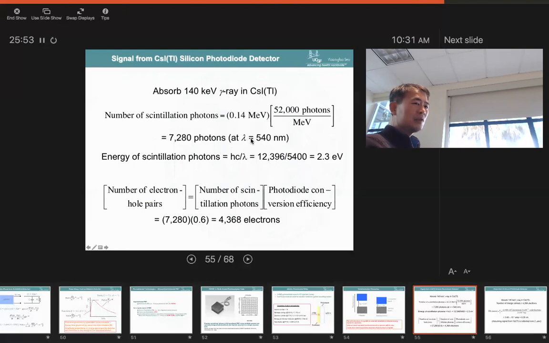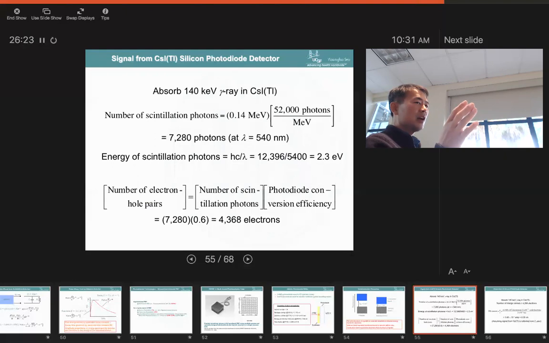I just happen to know that the wavelength, lambda, of the scintillation photon from the cesium iodide is 540 nanometers. Yes? Random question, is there a reason why there's cesium iodide and then parentheses? It's the doping material, which is used for the scintillation property.